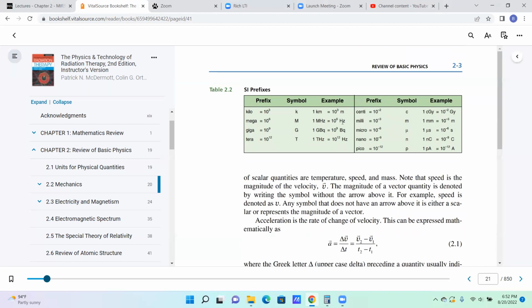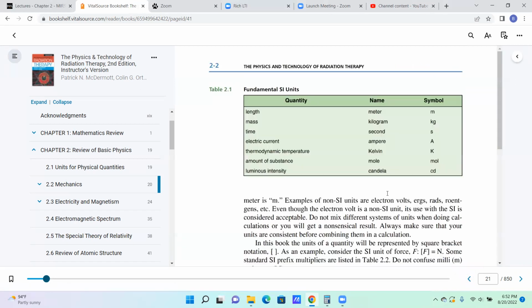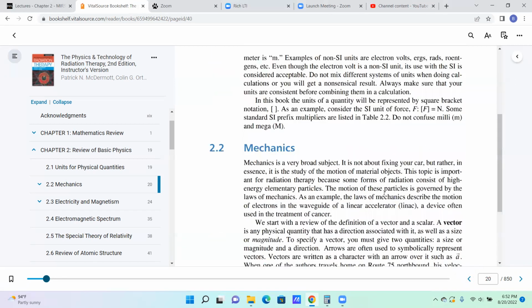Megahertz is 10 to the sixth hertz. Giga, tera. You can see here centi, which is going to be used quite a bit. 1 centigray is 10 to the minus 2 times gray. Milli, micro, nano, pico, that kind of thing. These are going to be the prefixes slapped on different units in order to get the scale that we need.